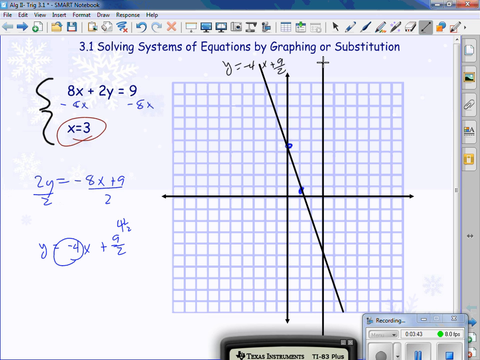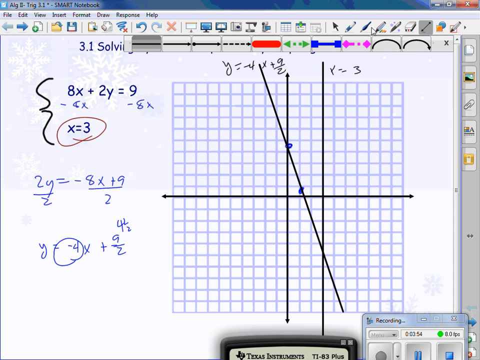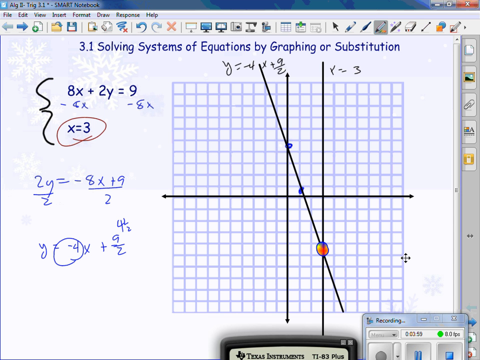Right here. That is x equals 3. What I care about on this problem is where they intersect. And they intersect right here at that point.